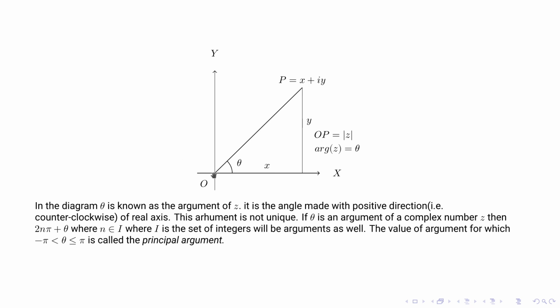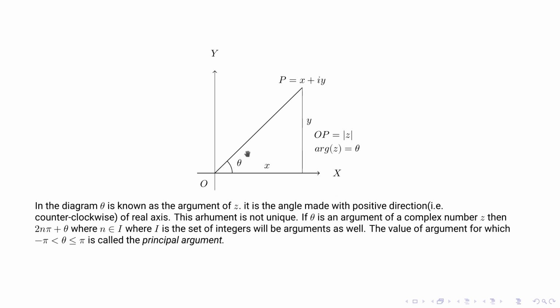So OP, that is this length, is nothing but modulus of z, and argument of z is theta, that is the angle this will make with positive direction of x-axis. By positive direction, we mean that it is counterclockwise. So theta is argument of complex number.